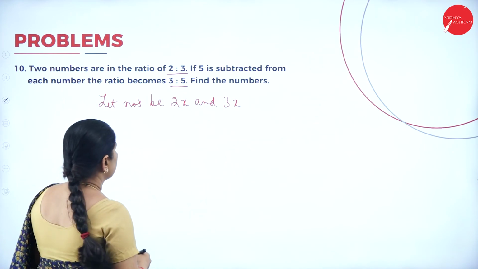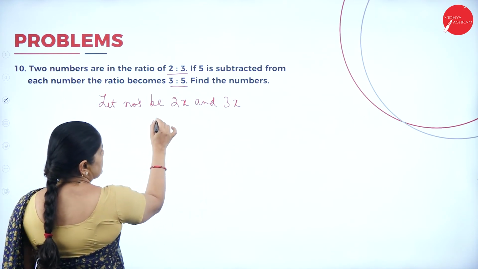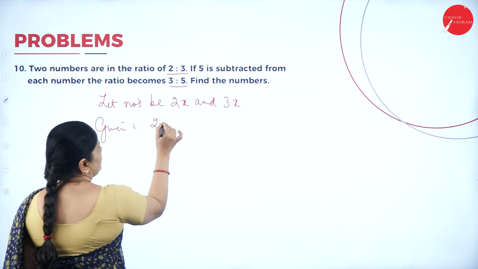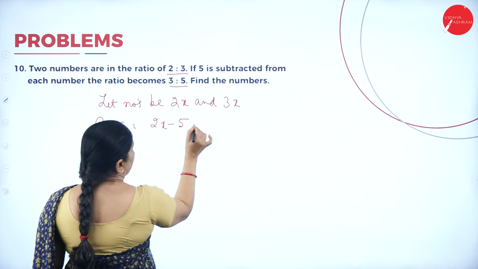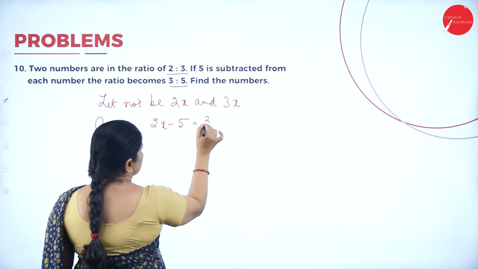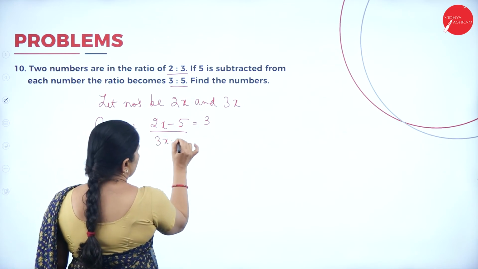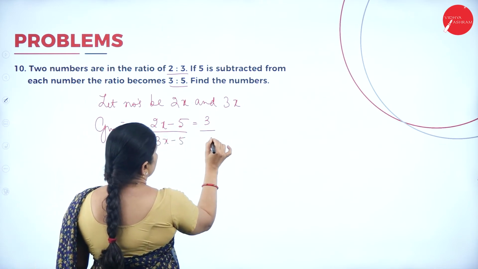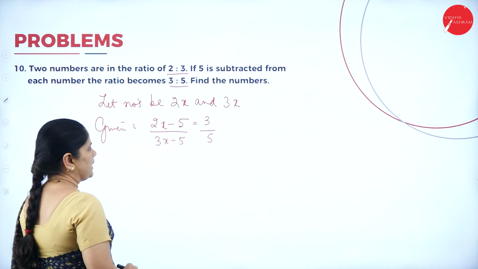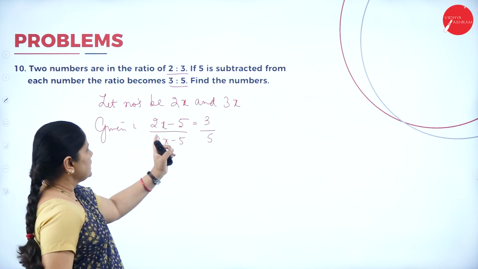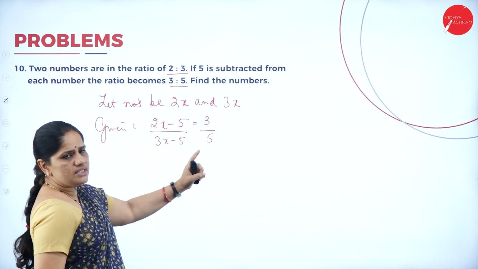Now, if 5 is subtracted, what is given? (2x minus 5) by (3x minus 5) equals 3 by 5.